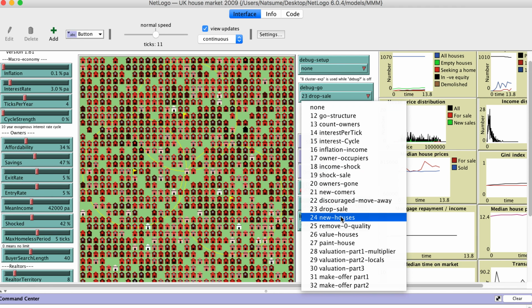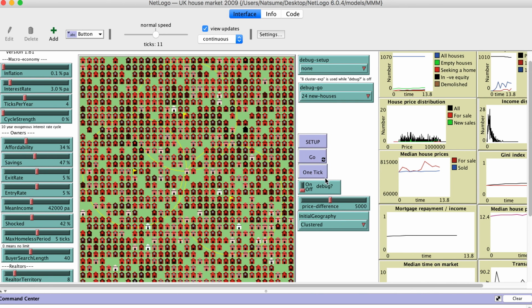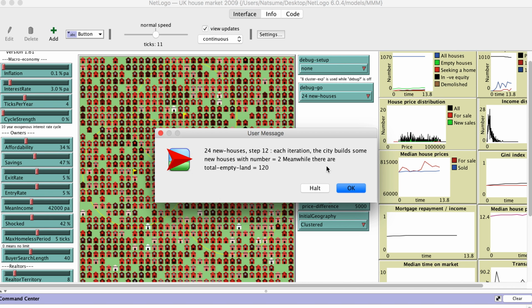Okay, let's move on to part 24, new houses. What new houses does is that in every iteration, the city will build some more new houses with a given proportion or ratio of the current total houses in the world.